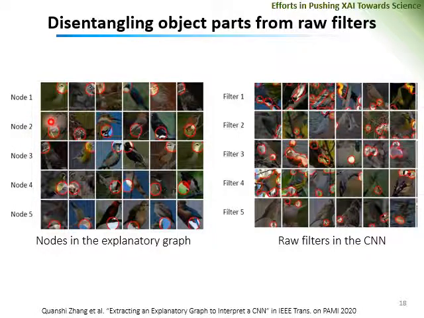Node 2 always represents the dorsal part of the bird or the feet part of the bird. Node 3 is disentangled from another filter, but it also represents the head of the bird. So you can see our method can ensure the clarity of the semantic meaning for each node. We can disentangle the clear semantic concepts from the chaotic feature maps.